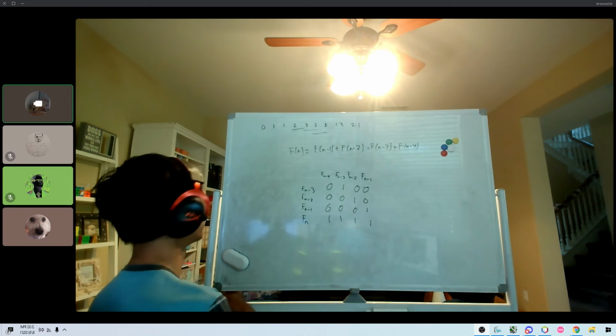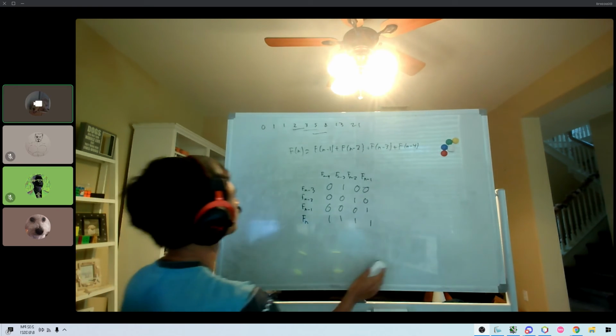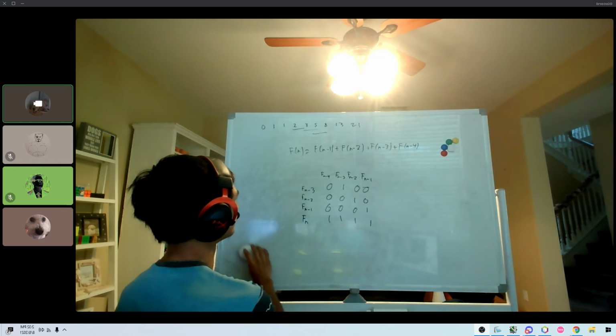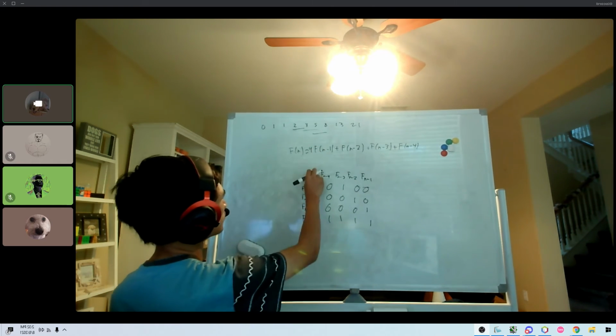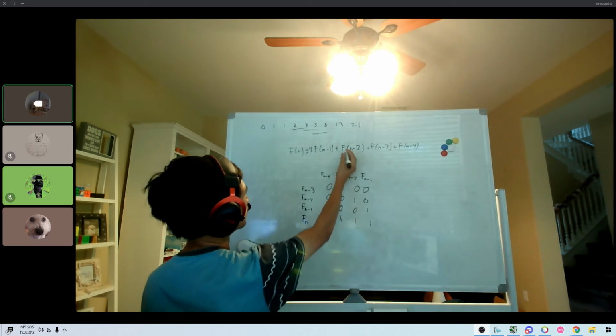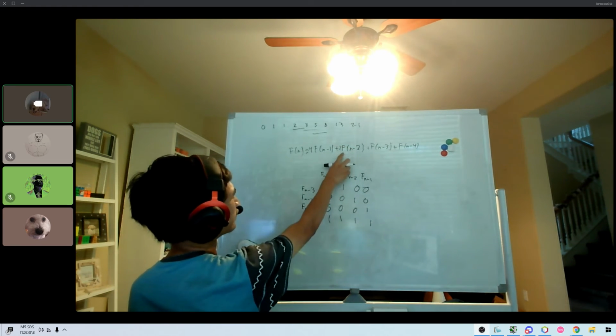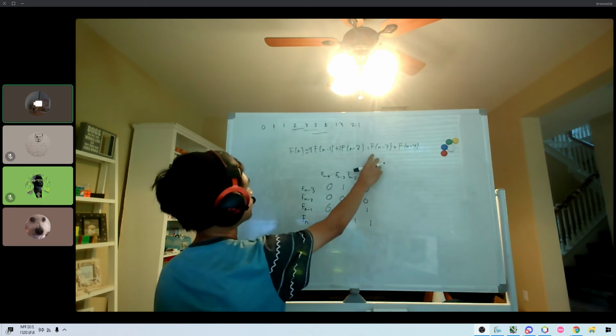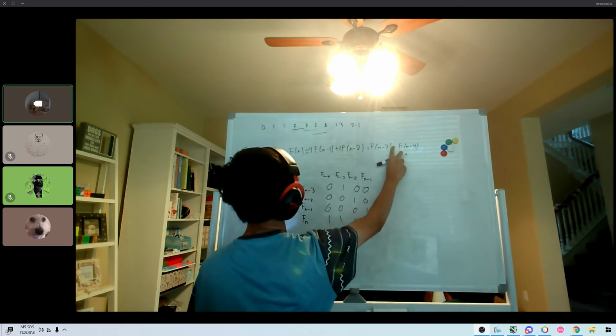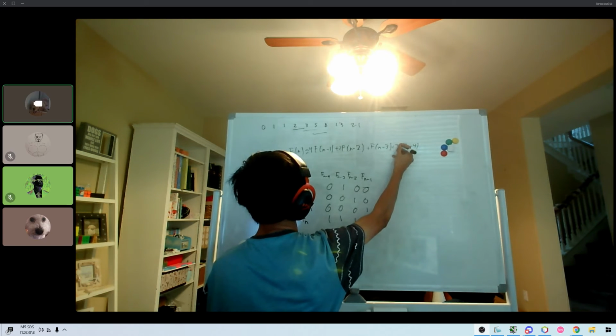Because these numbers represent coefficients, to make it a little more clear, I'll show you what would happen if you had different coefficients. So let's say instead you had f of n is equal to 4 times f of n minus 1 plus 2 times f of n minus 2, and then 1 times f of n minus 3 plus, I don't know, we'll just say 7 times f of n minus 4.